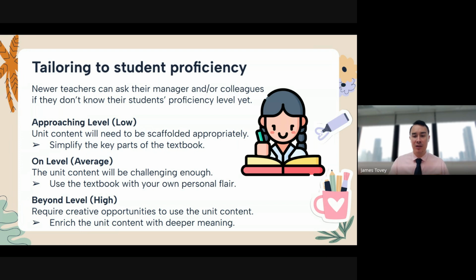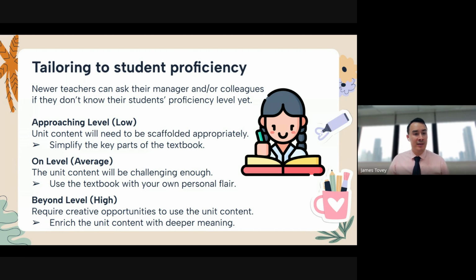You still need to cover that unit content, but because of their proficiency level, they're able to pick it up quicker, or they're already close to native English speakers, depending on the school you're at, and you need to find ways that they can use this information in a creative sense, right? So you need to potentially enrich the unit content with deeper meaning for these beyond level students. And again, we'll provide some examples of that coming up.